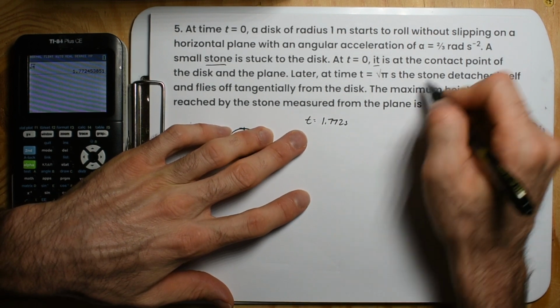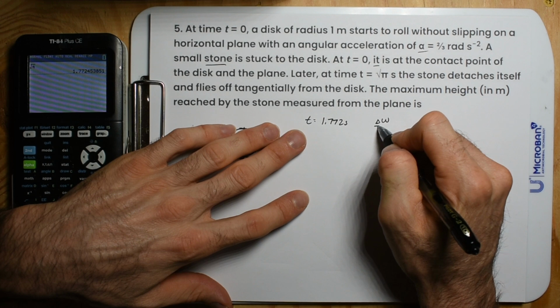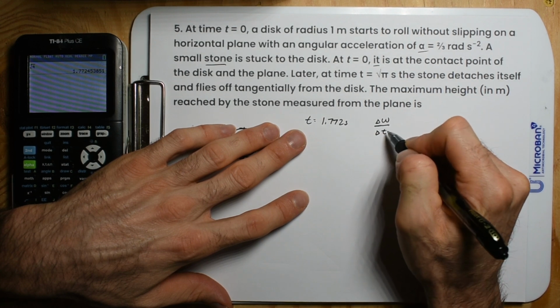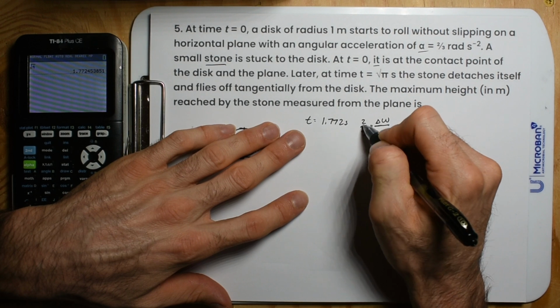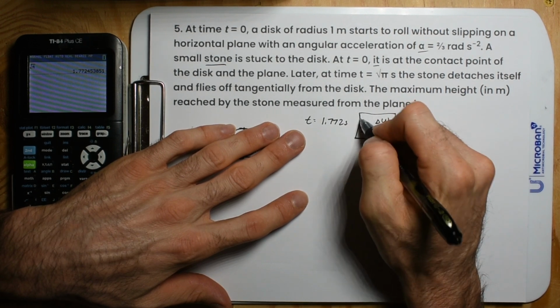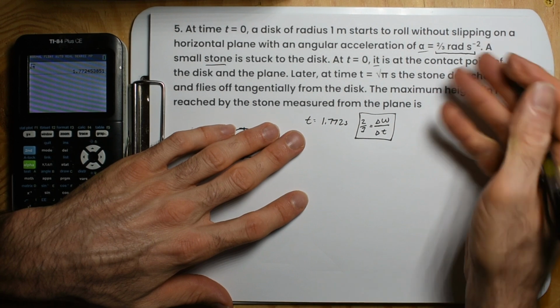And so our change in radians per second per change in second is equal to 2/3. Now you can use this as an equation as long as this is a constant number, like gravity.